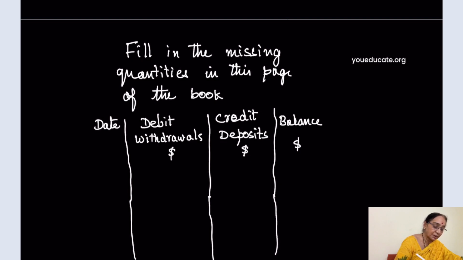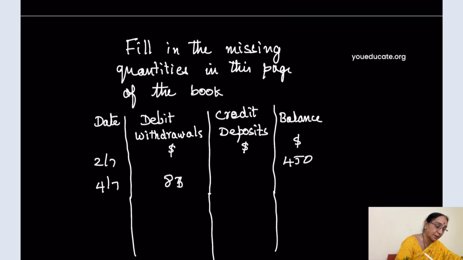So the first entry, say the 27th. The balance you have in your account is $450. Then on the fourth, there is a withdrawal of $85, say.